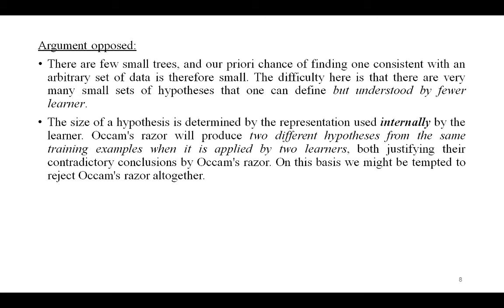So two learners using different internal representations will arrive at different hypotheses, but both will justify their contradictory conclusions by Occam's razor. Now, the last argument shows that Occam's razor will produce two different hypotheses from the same training examples.